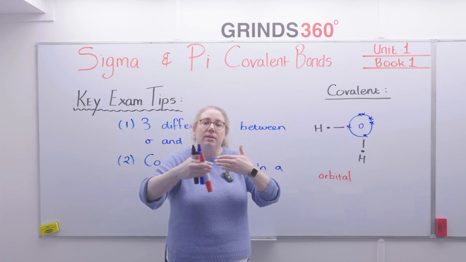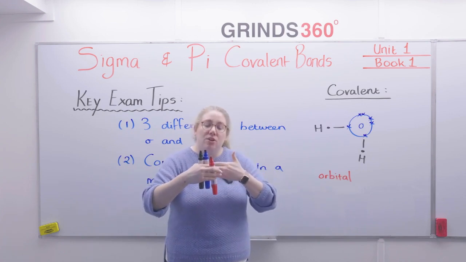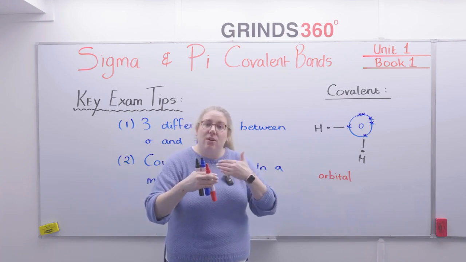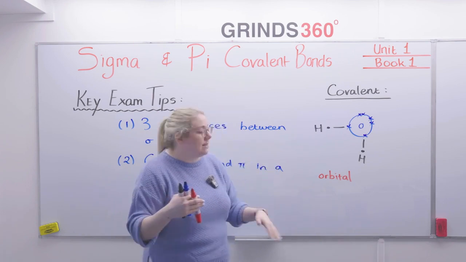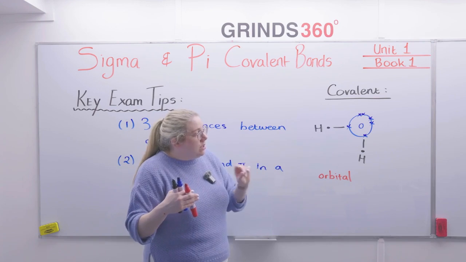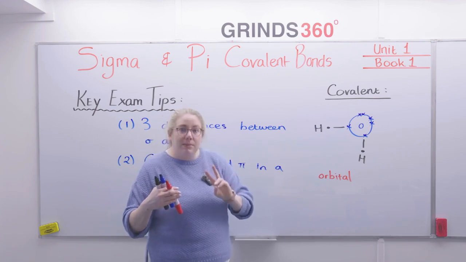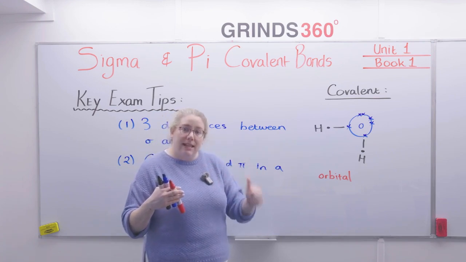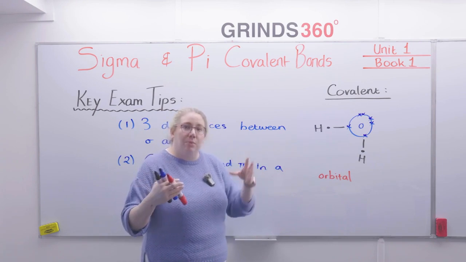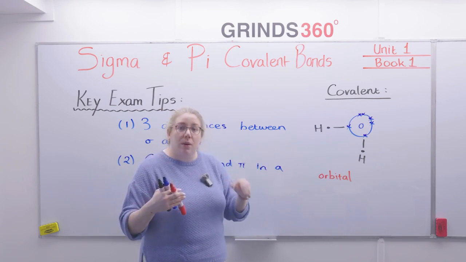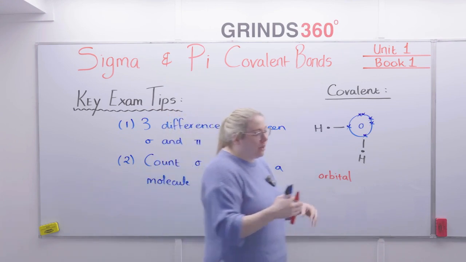And when your orbitals overlap, you're sharing electrons inside that overlap space between the 2 atoms. And that's all a covalent bond is. Now, there's 2 types of covalent bonds that we need to be able to describe. They're called sigma and pi. And how the orbitals overlap will actually tell you which of those 2 bonds is formed.